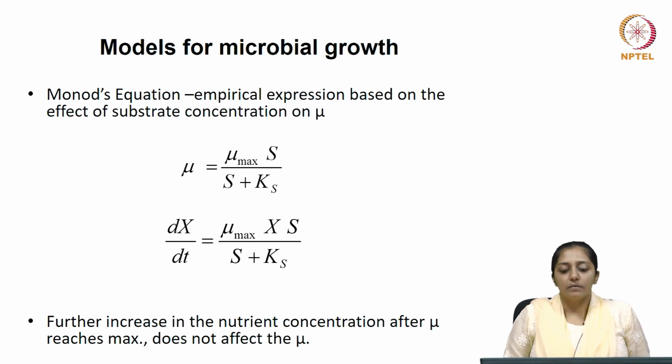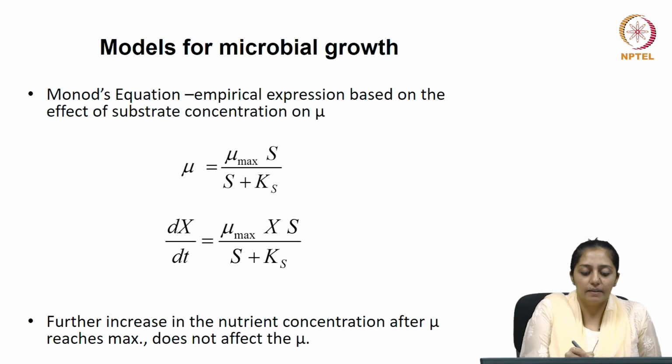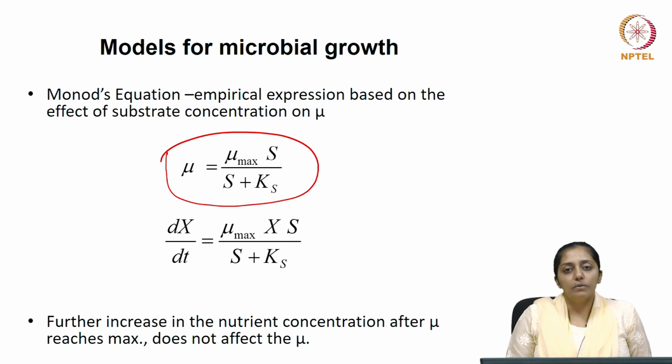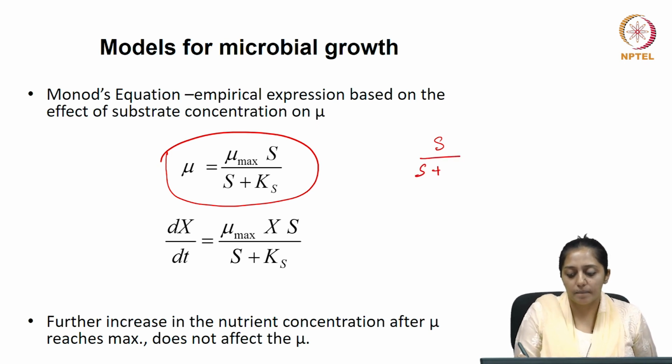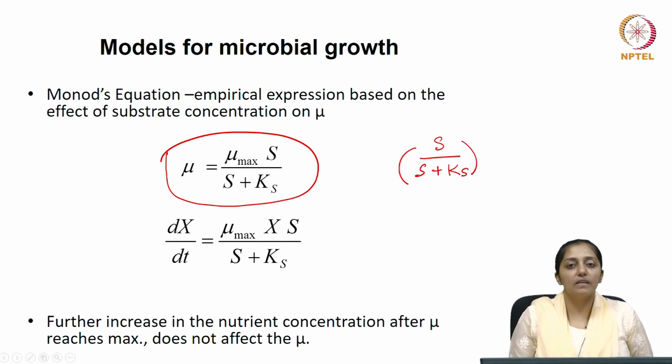It is an empirical expression which is based on the effect of substrate concentration on the specific growth rate of the culture, where the specific growth rate, as you can see on the slide, can be represented as mu is equal to mu max times a limiting factor, which is S upon S plus Ks. So, this is the limiting factor.